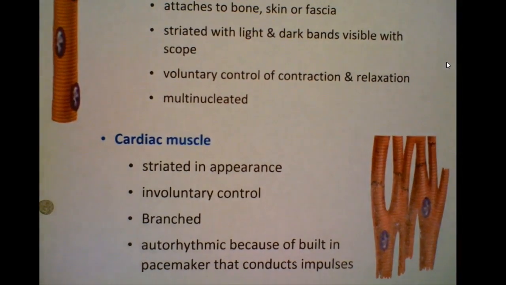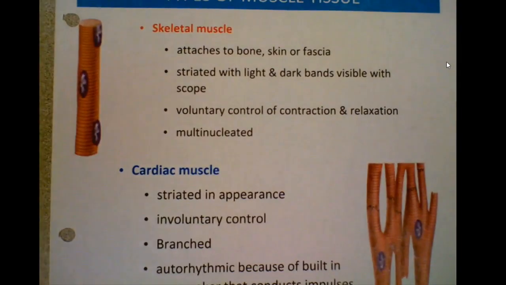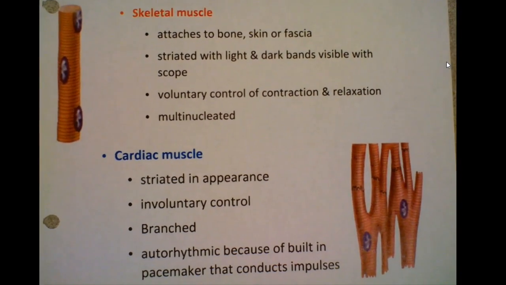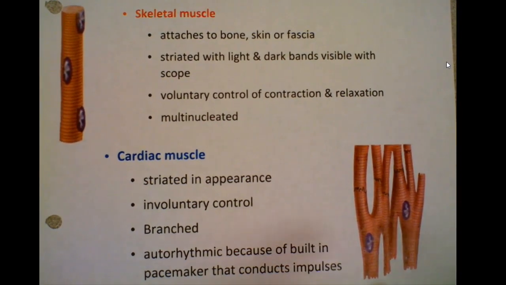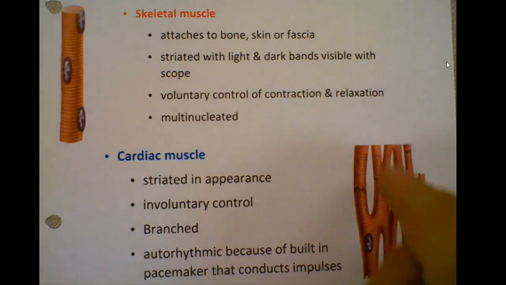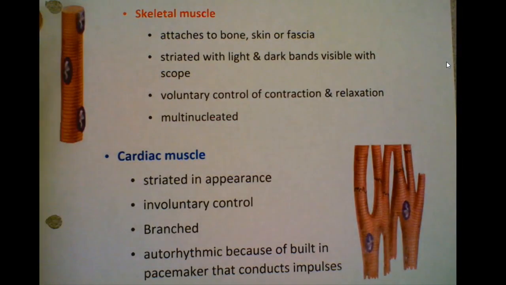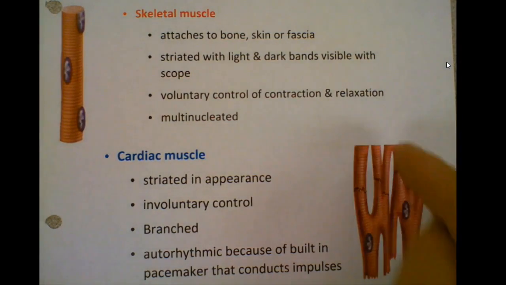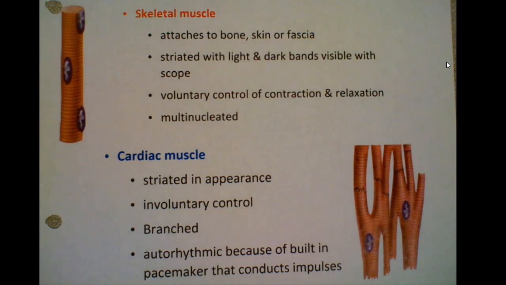We don't control our heartbeat. It's also branched. So unlike the skeletal muscle that has cells that are unbranched, cardiac muscle cells are highly branched and form kind of a network.